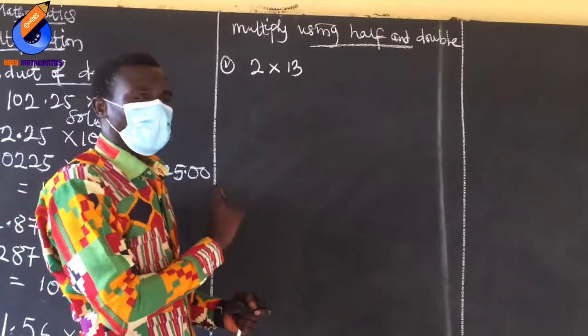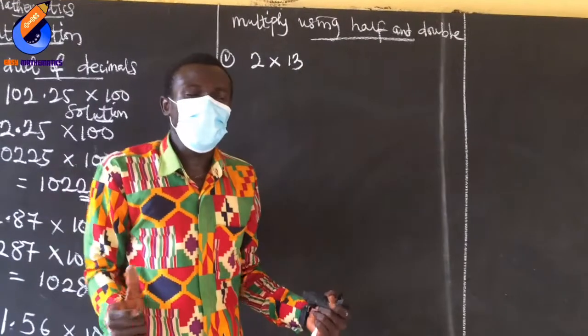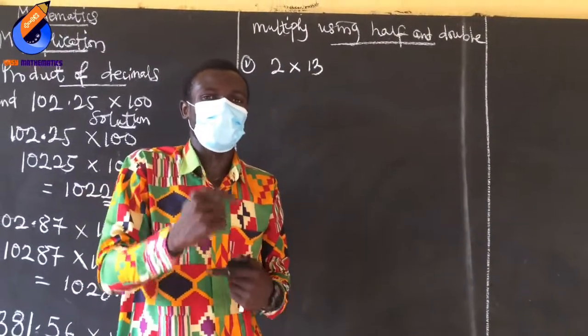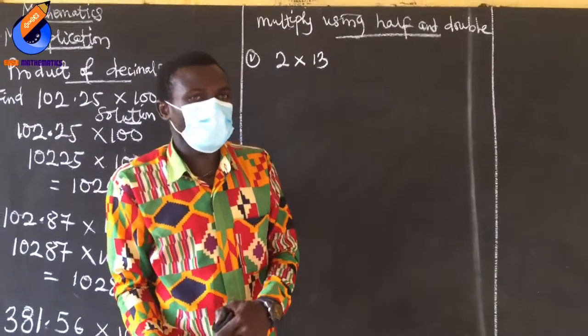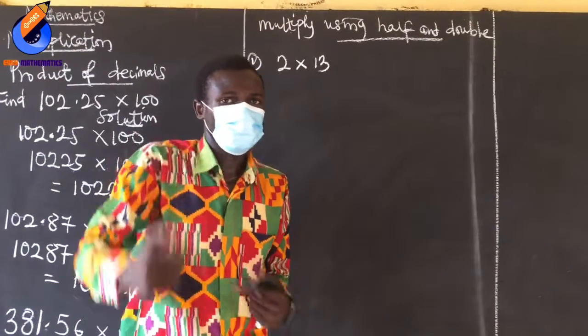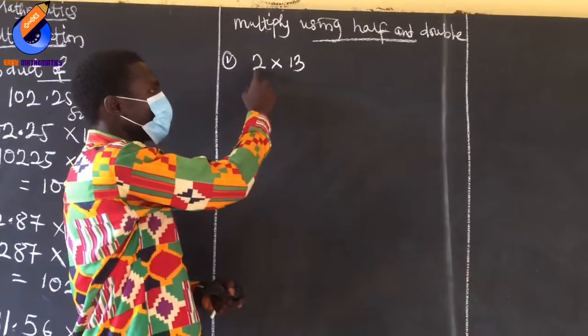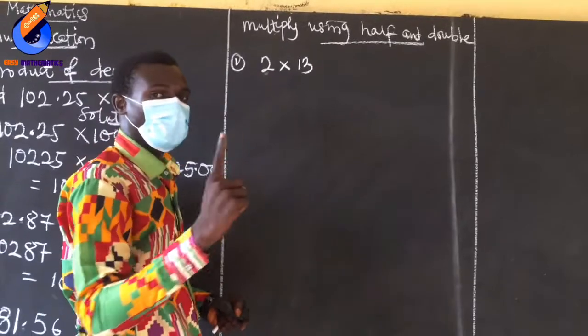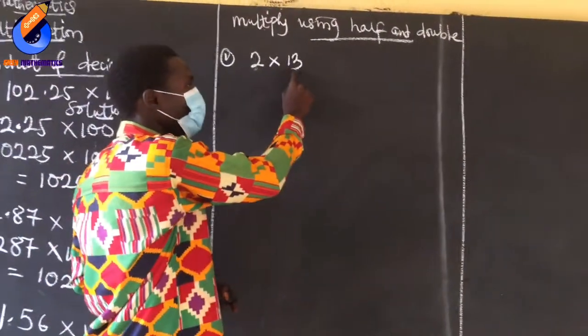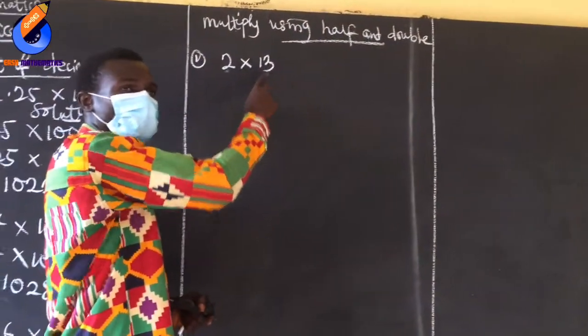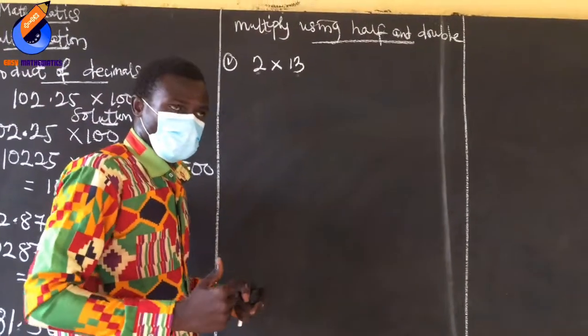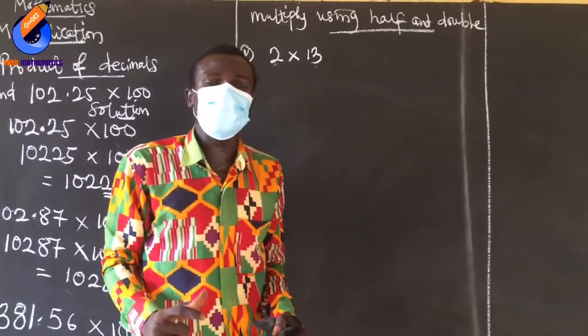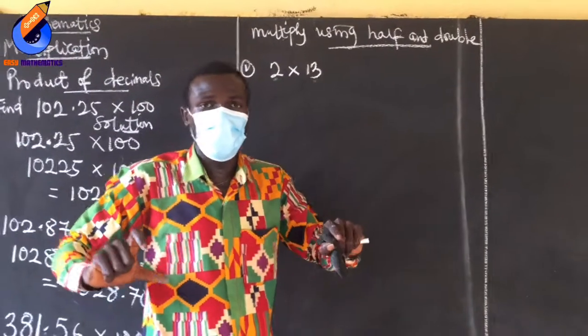Now, when you look at the numbers, ask yourself, which number can I find its half, and which number can I also double? If I want to find the half of this number, I'll get 1. But if I want to find the half of this number, I'm going to get a decimal. So when you want to look for the half, make sure that the number will give you a whole number.